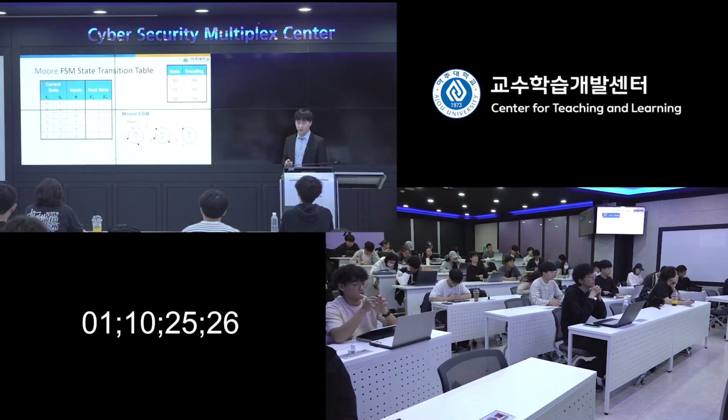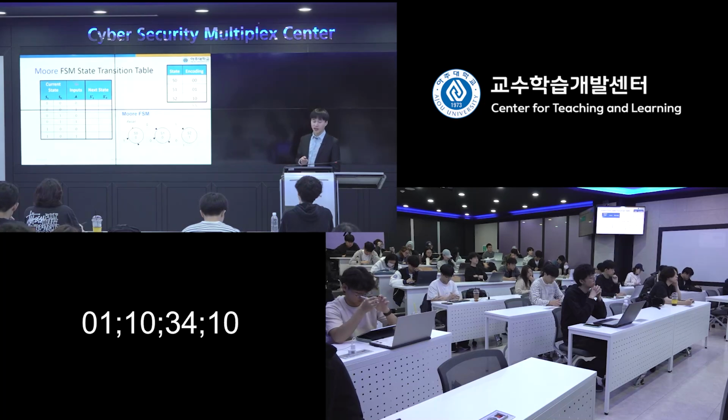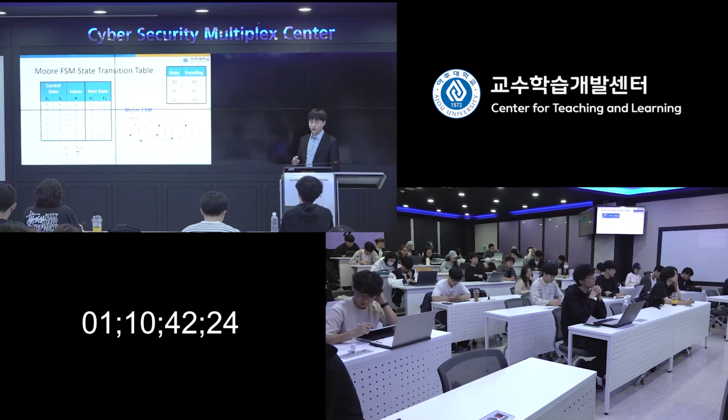Actually, we can just go through the state transition table. Once you have this transition diagram, you can build the table, right? From the current state to the next state, with the binary coding. Then with this state transition table, you get the Boolean equations.